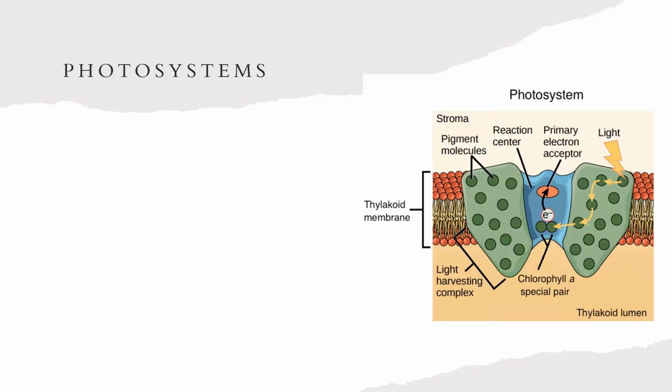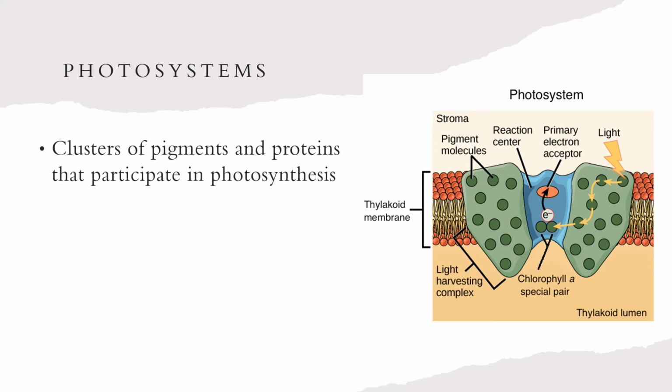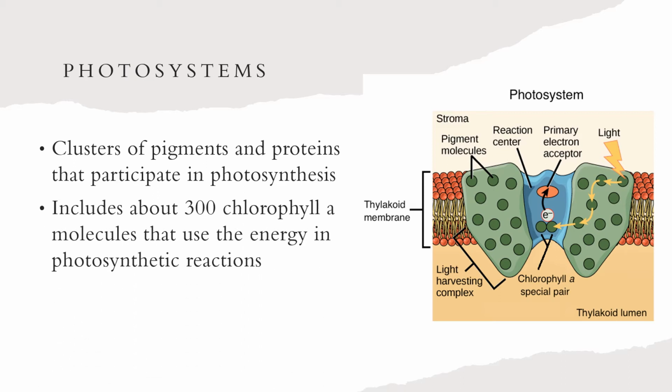Next, we have what we call photosystems. Anchored in the thylakoid membranes are many photosystems, which are clusters of pigments and proteins that participate in photosynthesis. Each photosystem includes about 300 chlorophyll a molecules and 50 accessory pigments.